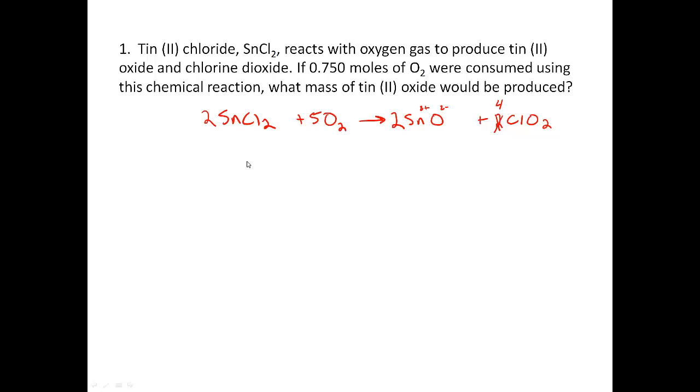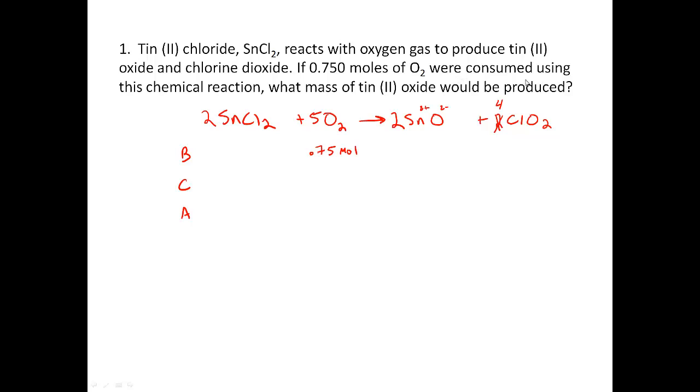Okay. Now, second step to these problems, you always want to set up the BCA chart, right? That's the before, change, and after. It just helps us keep track of how many reagents we have and how many products we have before, during, and after the reaction. So if we have 0.75 moles of oxygen, let's go ahead and write that in here.